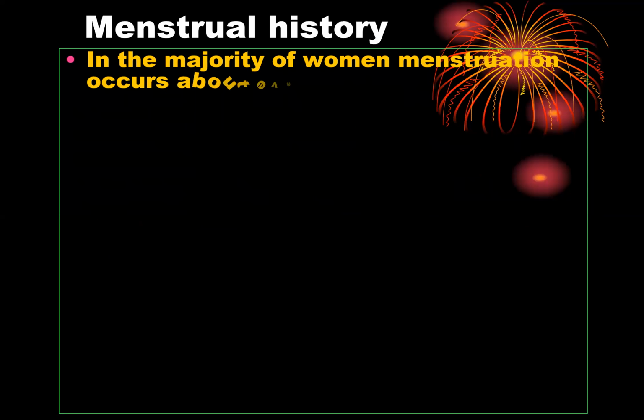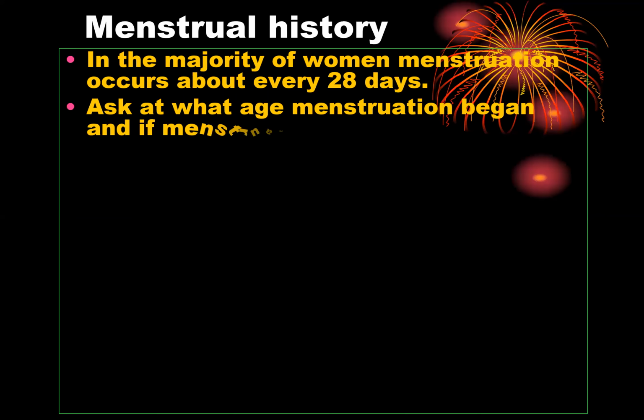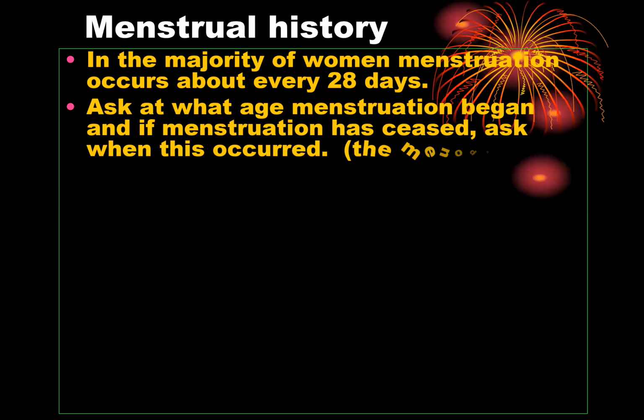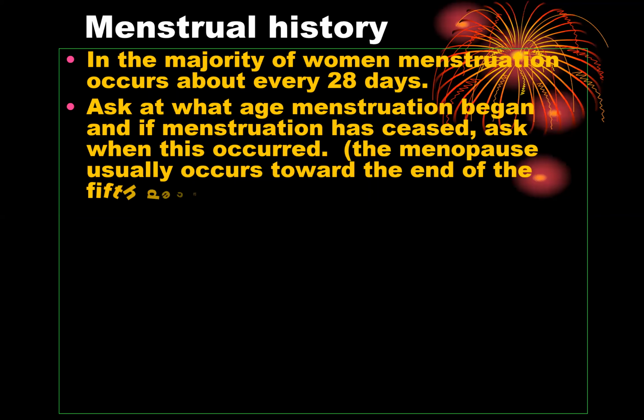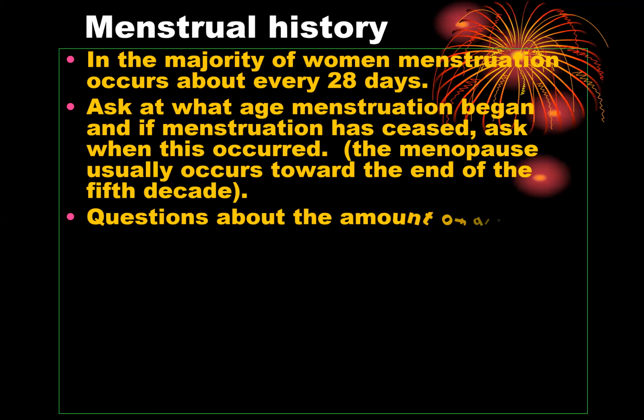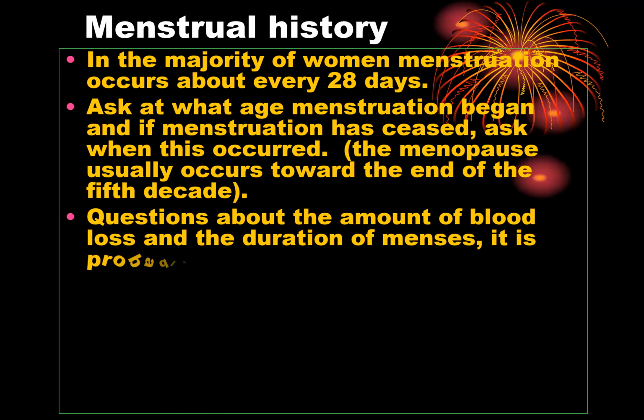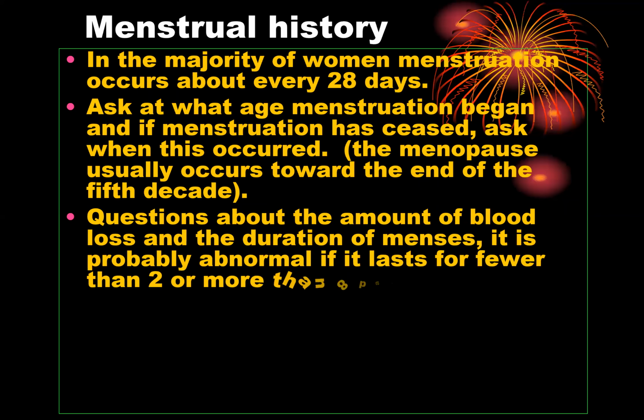Menstrual history. In the majority of women, menstruation occurs about every 28 days. Ask at which age menstruation began, and if menstruation has ceased, ask when this occurred. The menopause usually occurs toward the end of the 5th decade. Questions about the amount of blood loss and the duration of menses.